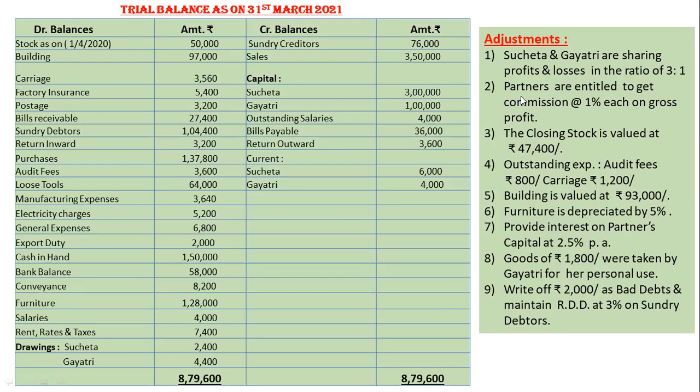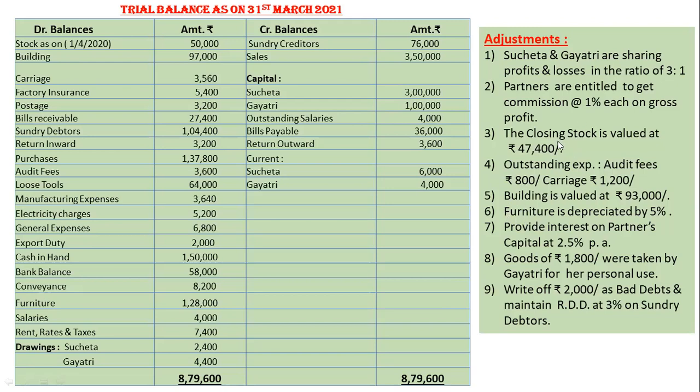Second adjustment: partners are entitled to get commission at 1% each on gross profit. For calculating 1% commission on gross profit, I have given a working note ahead in a further slide, which you may kindly go through. This commission is shown on the profit and loss account debit side with one effect, and the second effect would be on the partner's current account credit side.